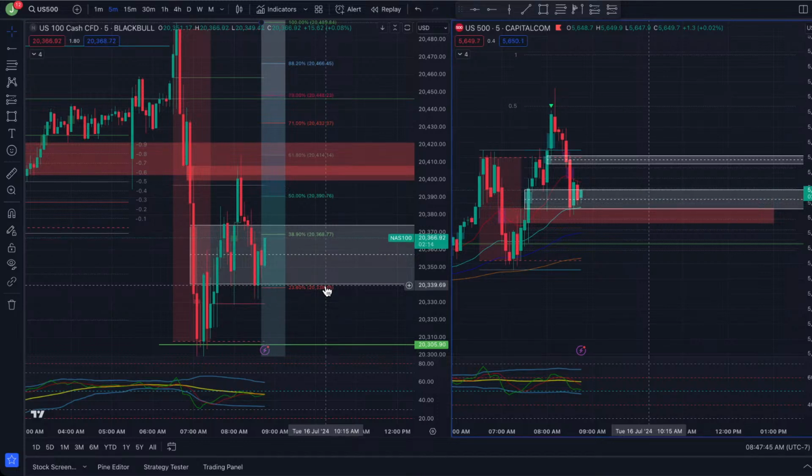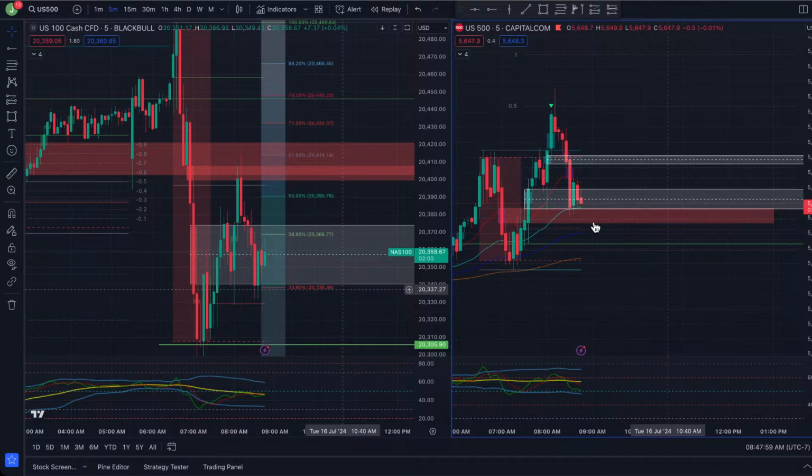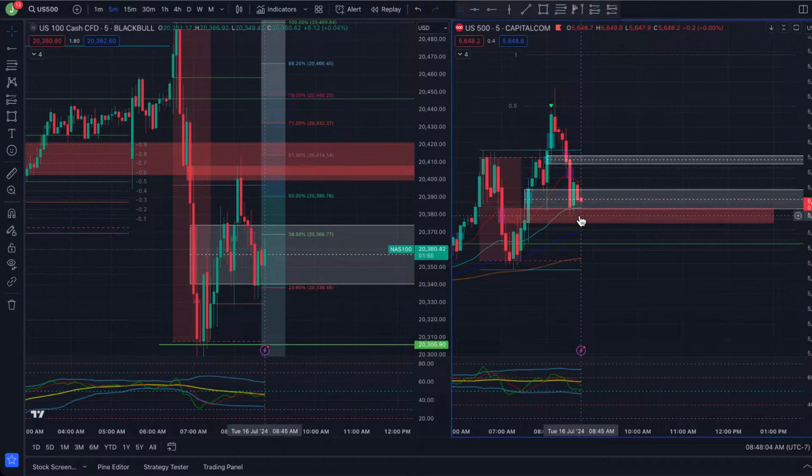And if we're wrong, we're wrong. But it's about making a well-informed decision. Remember, we want to see this close above this consequent encroachment.